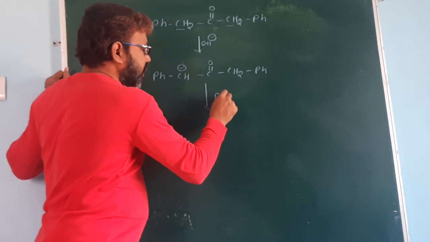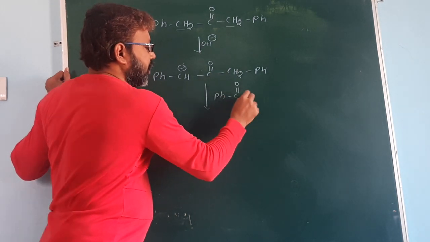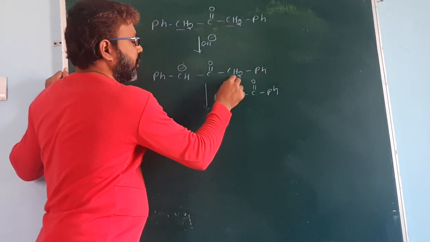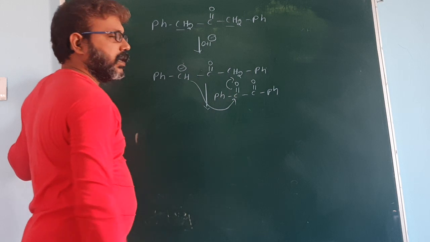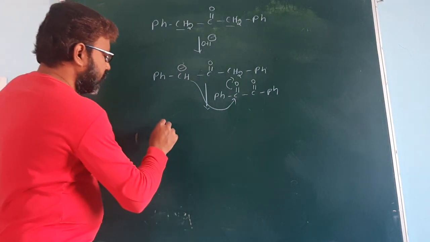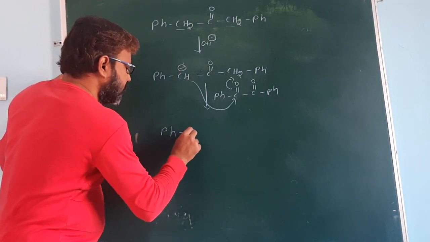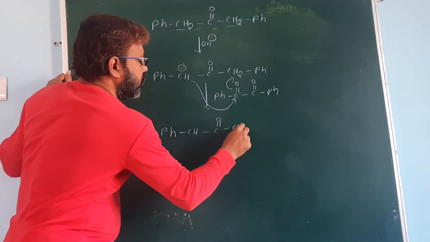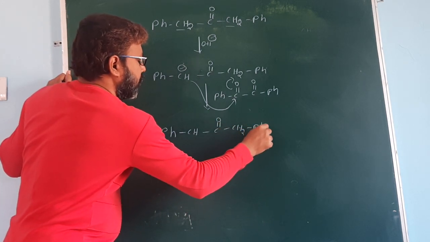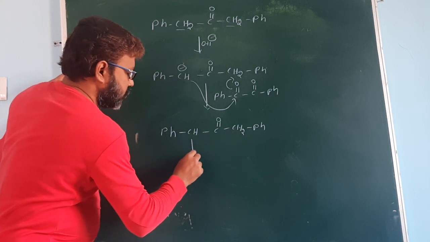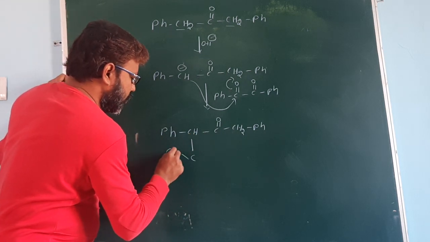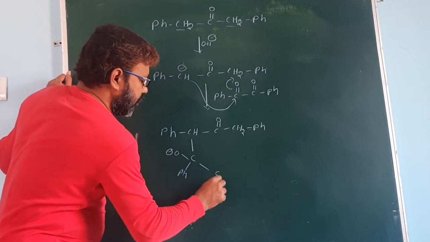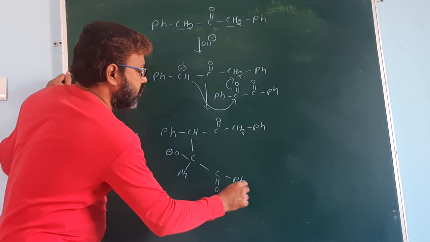So it reacts with PhC=O C=O Ph. The pi bond electron shifted to here, and it attacks here to give PhCH C=O CH2Ph with C-O minus, PhC=O Ph.